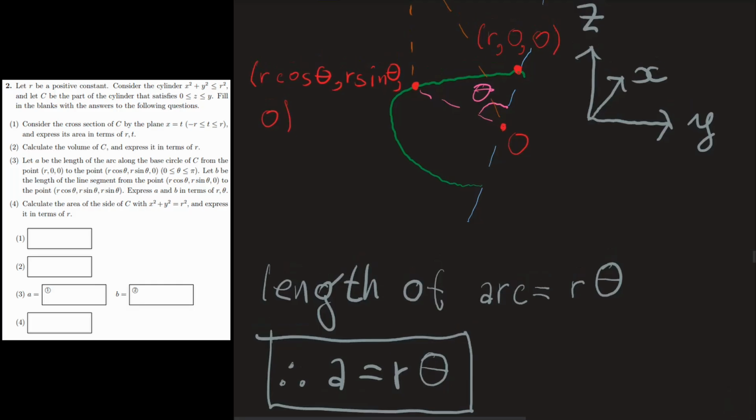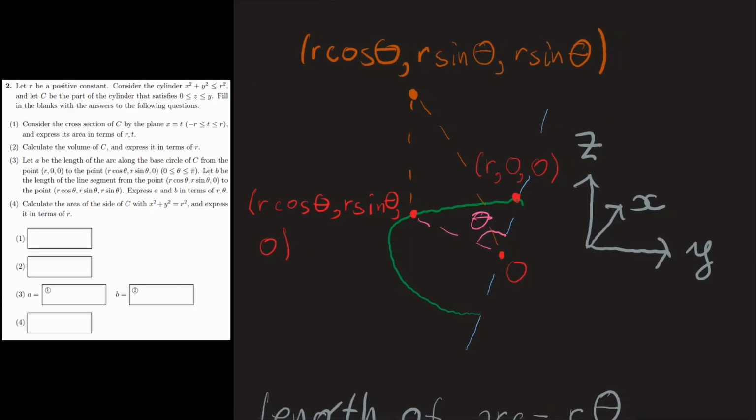Next, you'll notice that this other point they give us, r cosine theta, r sine theta, r sine theta, is at the same place as this point right here, but a distance of r sine theta above it. And this distance right here is the B that we're looking for in the question, right?